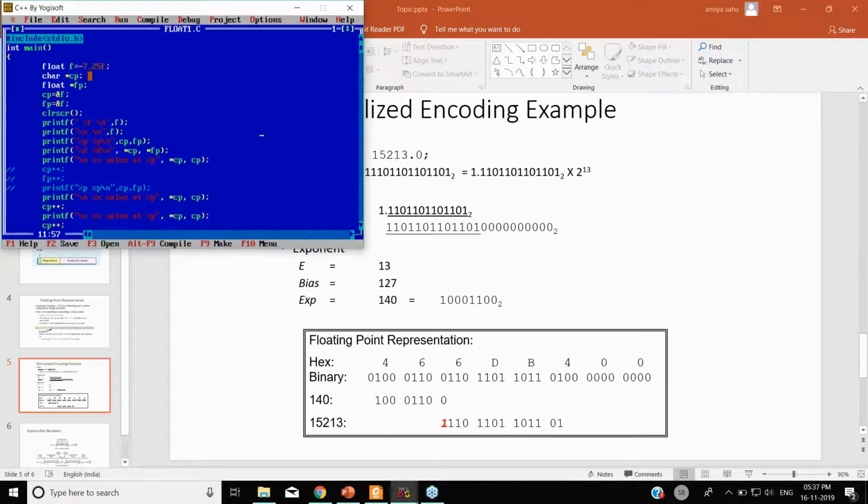So what I did, I have created a float variable and assigned the value minus 7.25.